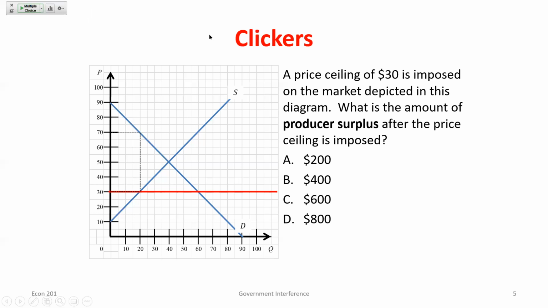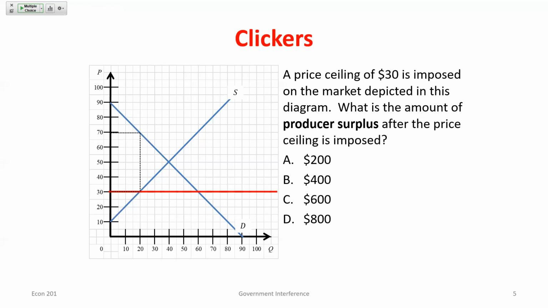So what area am I looking for? If I had to say in words, what would represent producer surplus visually on this graph? It would be the area underneath the price but above the supply curve.